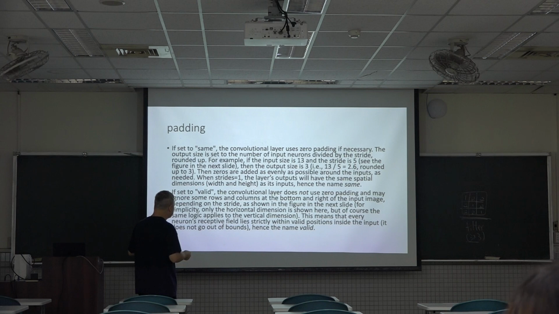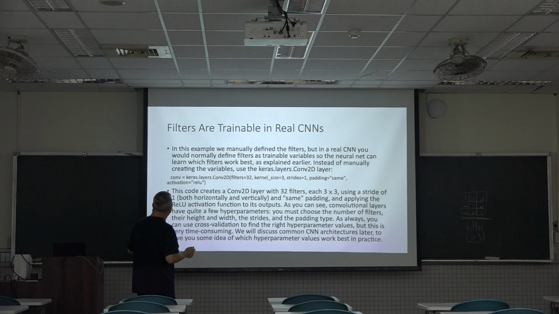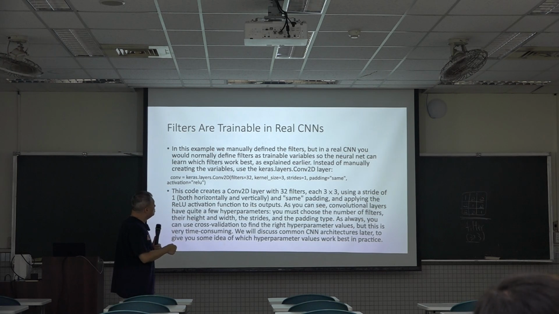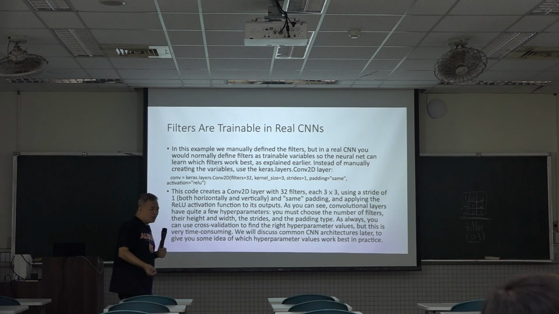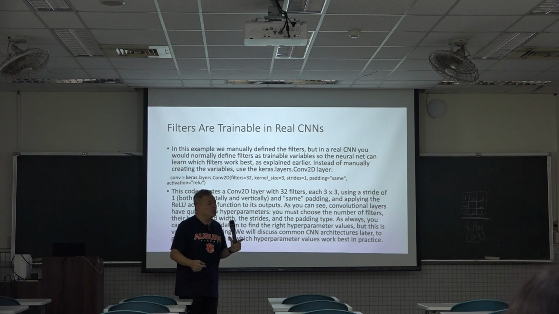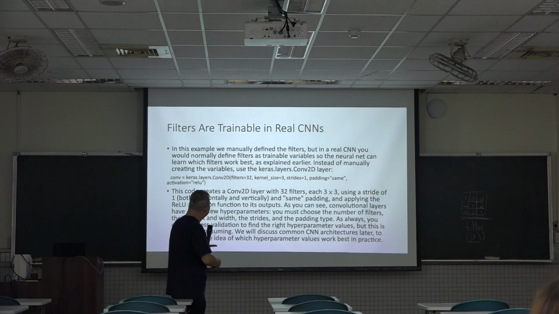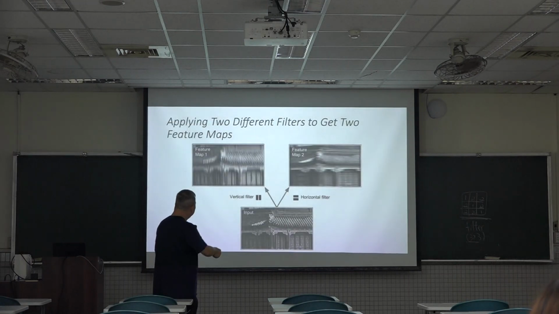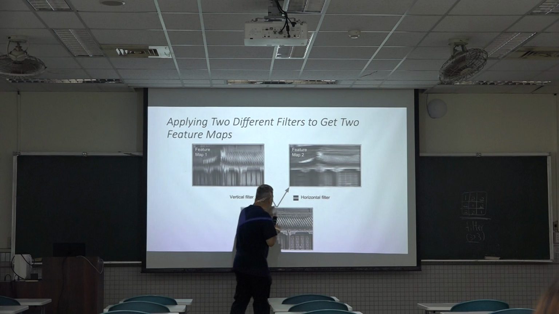I think I explained this already. So filters are trainable in a real CNN. In the example I just showed you, we set the filters, for example these 2 filters, manually.